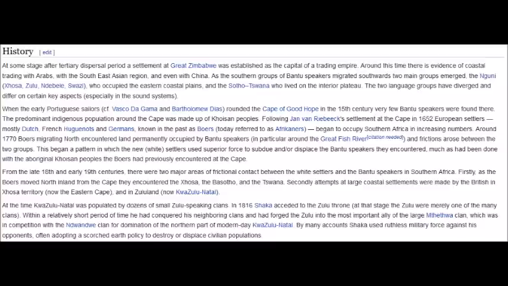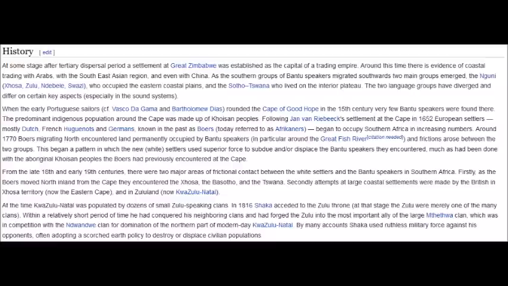At the time, KwaZulu-Natal was populated by dozens of small Zulu-speaking clans. In 1816, Shaka acceded to the Zulu throne. At that stage, the Zulu were merely one of the many clans. Within a relatively short period of time, he had conquered his neighboring clans and had forged the Zulu into the most important ally of the large Mthethwa clan, which was in competition with the Ndwandwe clan for domination of the northern part of modern-day KwaZulu-Natal.